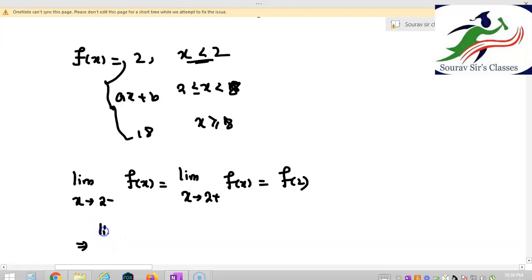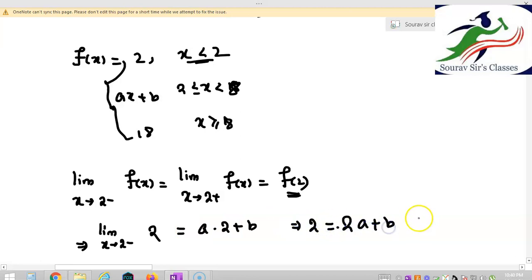So the limit is 2, and when approaching 2 from the right hand side, and even when considering the value of f(2), the equality is there. So you can write a times 2 plus b. So 2 is equal to 2a plus b. This is our equation 1.